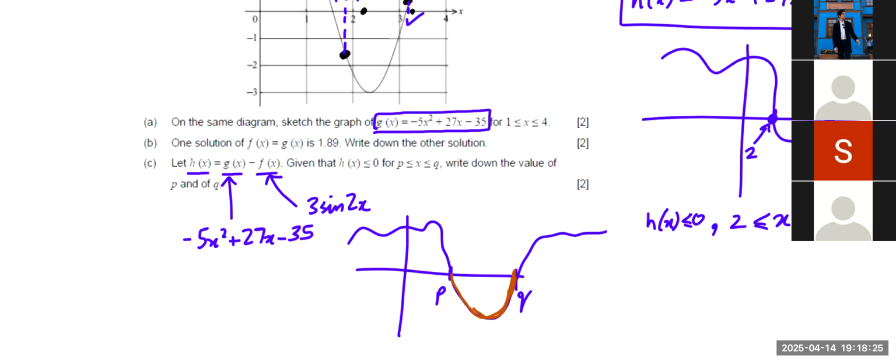Does that make sense now? So this is what we call h of x being less than 0 or less than or equal to 0, because it's in the negative side, it's in the negative y values. Does this make sense now? I haven't finished the explanation, but does this part make sense?